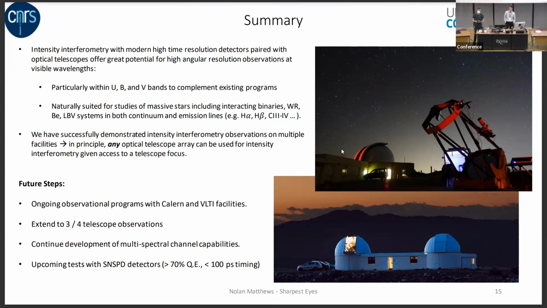I have two questions. First, since the method is just to record intensity and then do some computing, does it still matter whether the telescopes have the same dish size? For example, can we use one 8-meter? No, you can use telescopes of different optical designs or different dish sizes. It's fine.